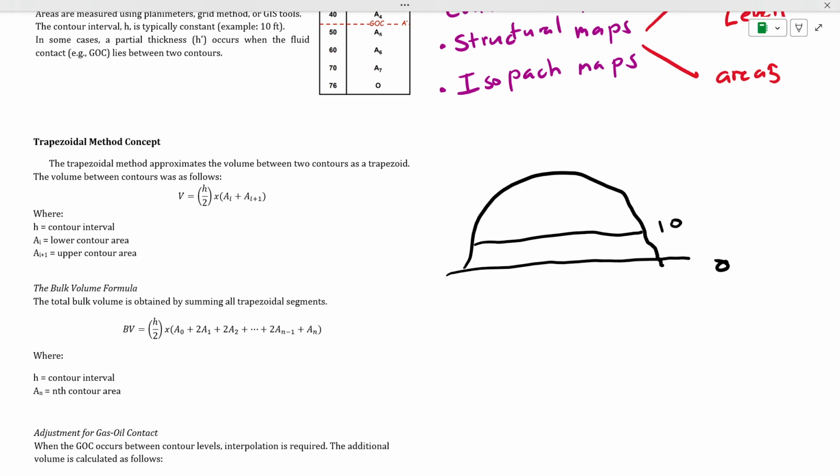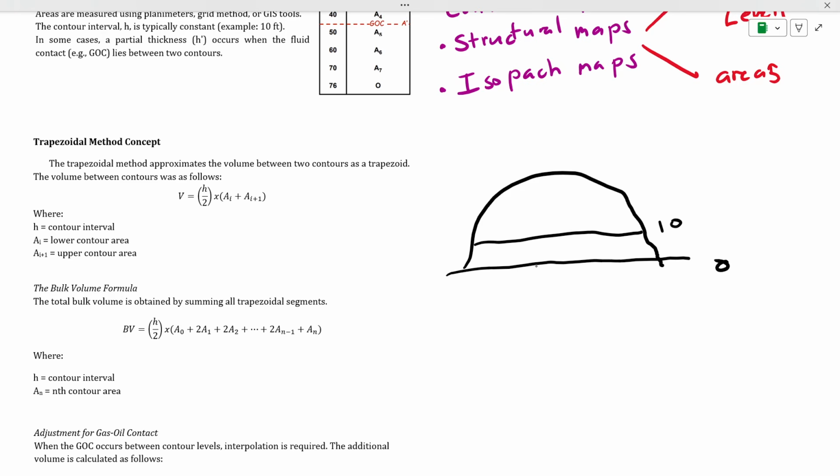The interval is from 0, and then the next one is 10. So the assumption here is that we have a thickness interval of 10, let's say 10 feet.